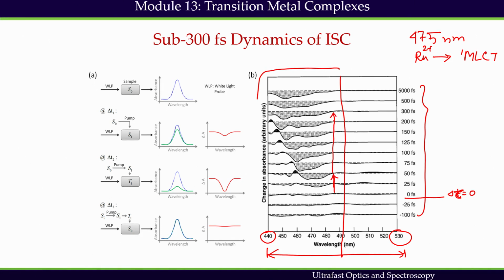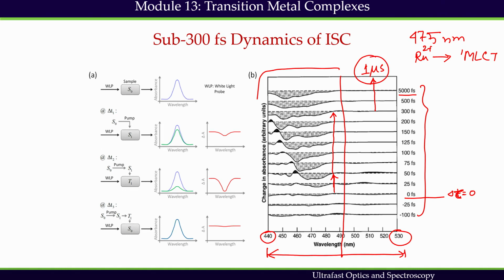and then after 300 femtosecond we do not see any change in the spectrum, and this is continued up to 1 microsecond. There is no change up to 1 microsecond, although 1 microsecond data has not been shown here. Here only 5000 femtosecond we have shown, but if it is continued for 1 microsecond, there is no change of the spectrum.